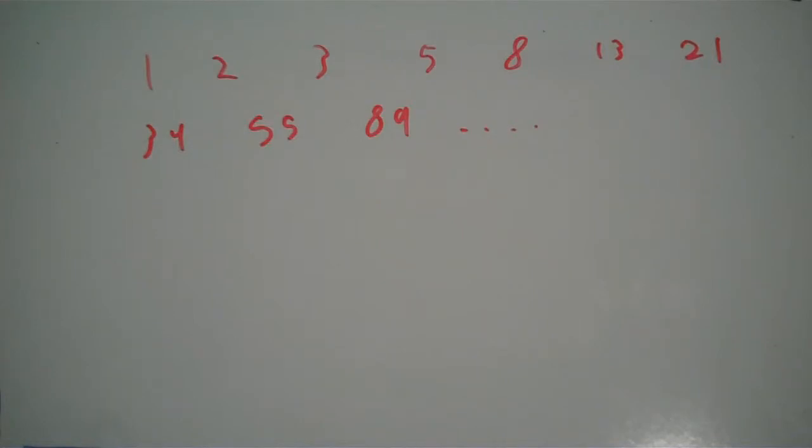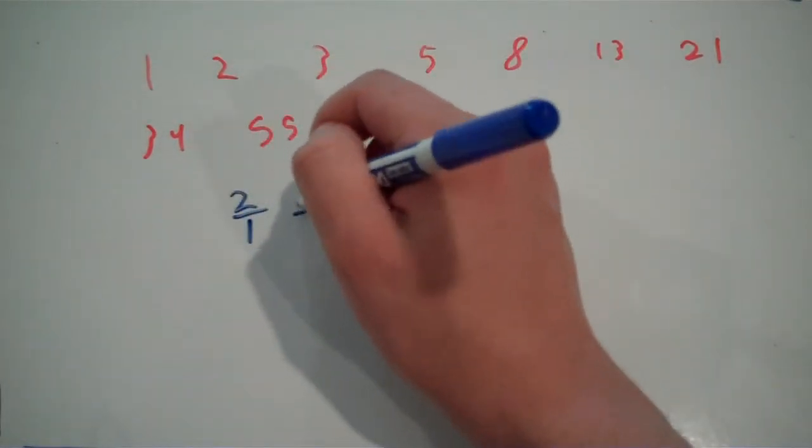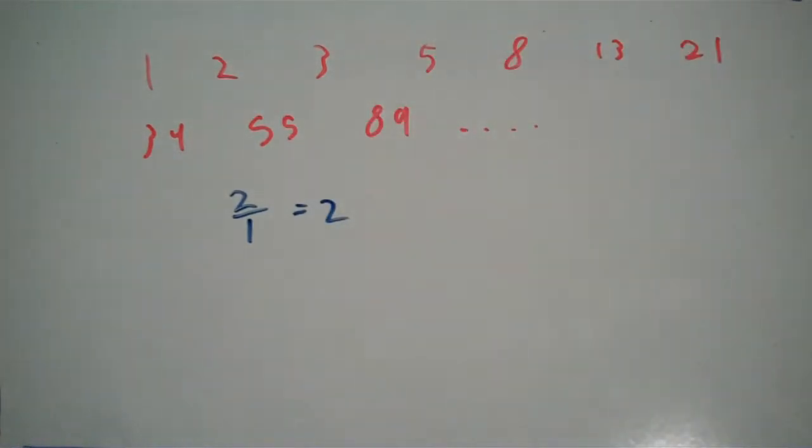Now, what's cool about them, and how they relate to phi, is if you take one of the Fibonacci numbers and divide it by the previous Fibonacci number, you will get a relatively close approximation for phi. The farther on in the series you are, the more accurate approximation you get. For example, if we take 2 divided by 1, we get 2, and that's not a very good approximation of phi.